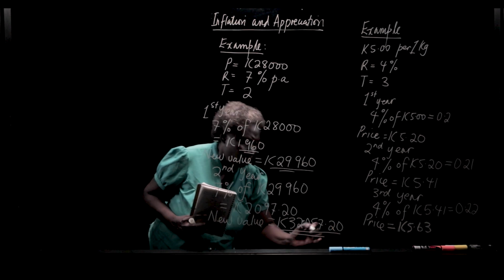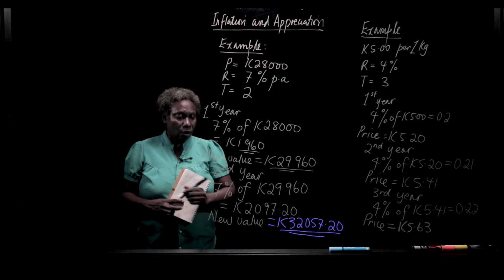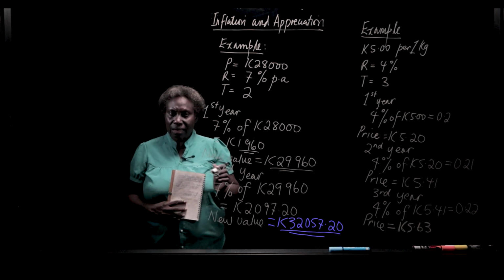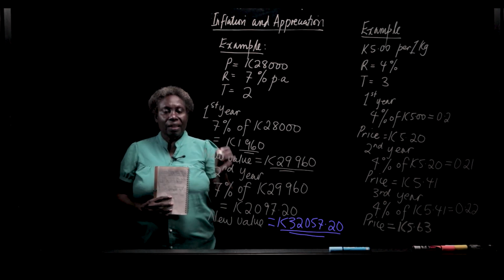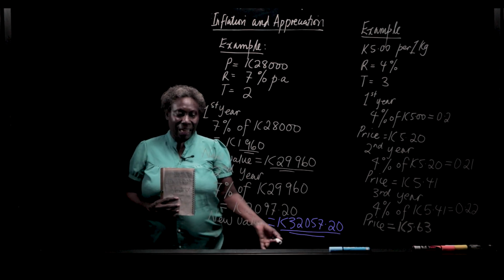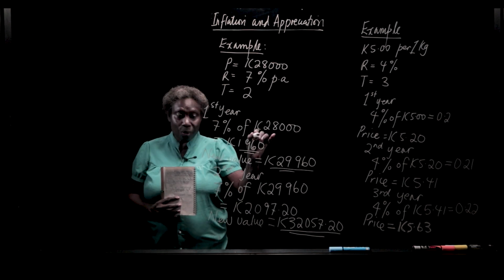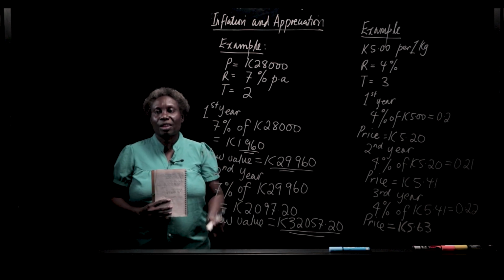That is how much the block of land is worth at the end of the second year. Let's say Peter decides to sell the land after 2 years. We'll see how much bonus he's going to get from selling the block of land after 2 years.